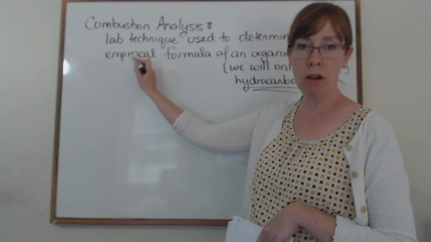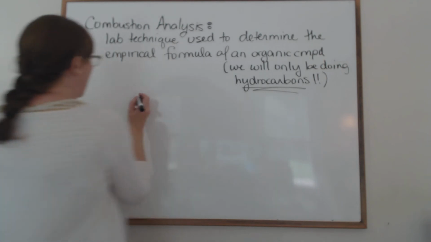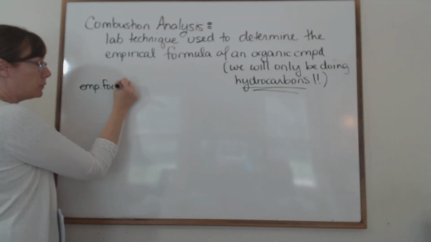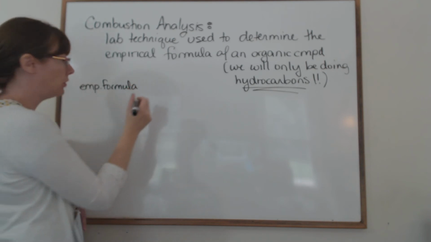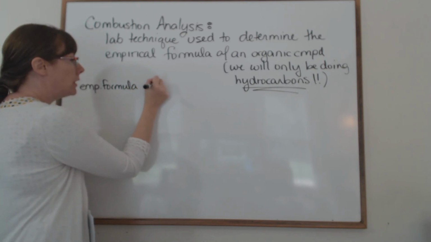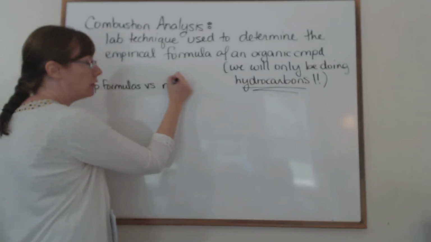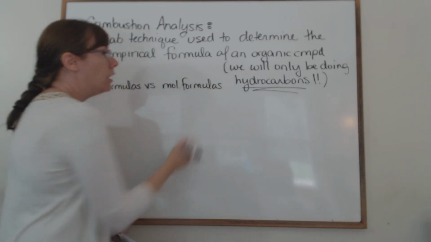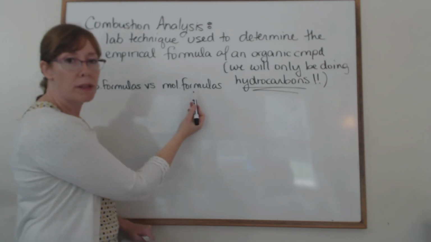We have a new term here, empirical formulas. So I saved this as well for this topic. This was also something, it was either in chapter 2 or chapter 3. Empirical formulas versus molecular formulas. All right, so let's start with molecular formulas.